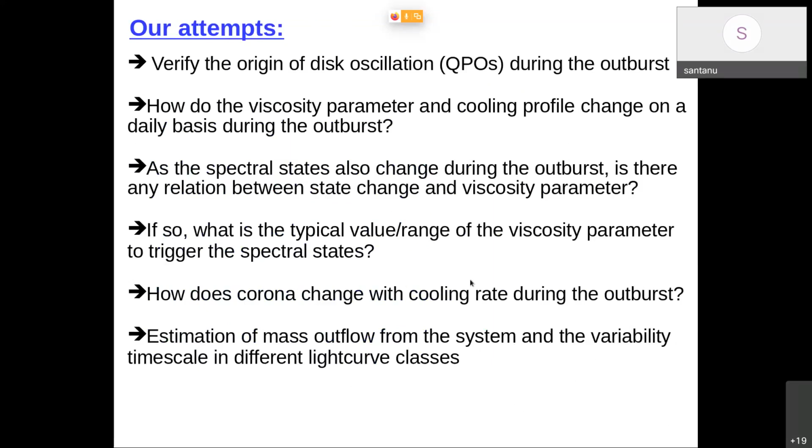As the spectral state changes during the outburst, is there any relation between state change and viscosity parameter? If so, what is the typical value or range of the viscosity parameter to trigger the spectral states? How does the corona change with cooling rate during the outburst time? We'll also estimate the mass outflow rate from the system and the variability time scale in different light curve classes.